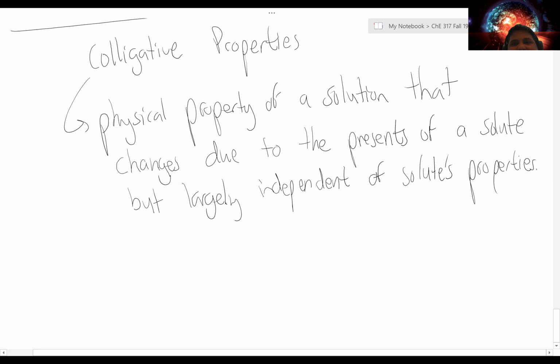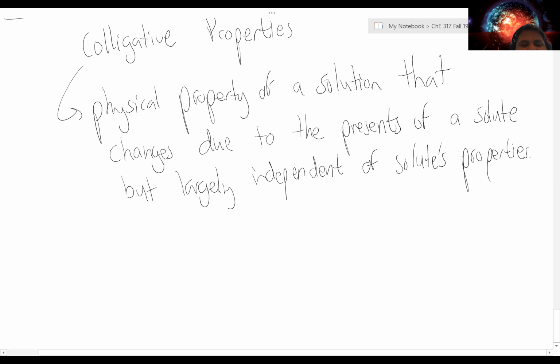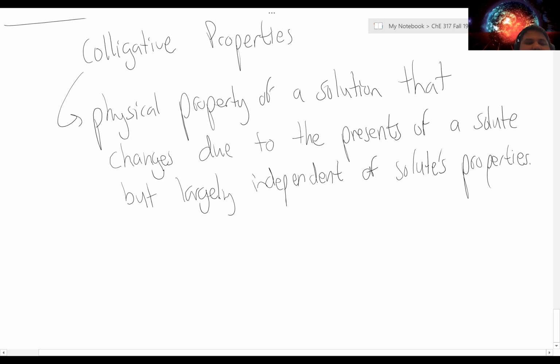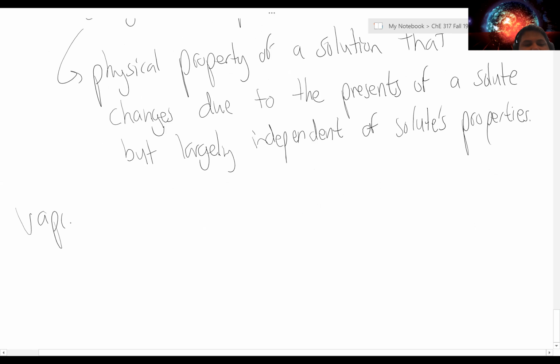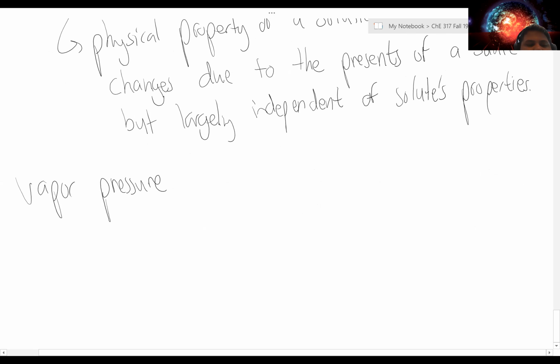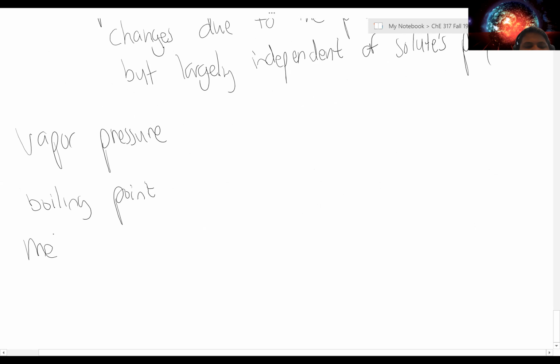The common properties that are considered colligative are vapor pressure, boiling point, and melting point. The presence of solutes within a solvent causes these values to fluctuate.